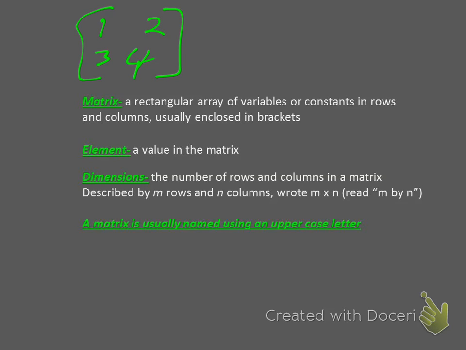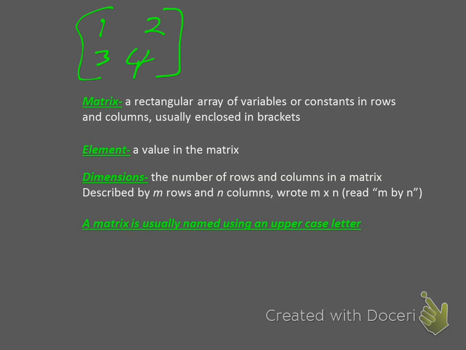But the dimensions of those matrices determine whether you can even do said operation. So it's important to understand the dimensions. Dimensions are the number of rows and columns in a matrix, described by m rows and n columns.